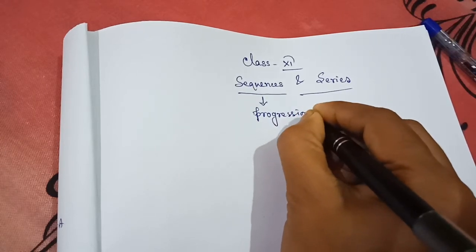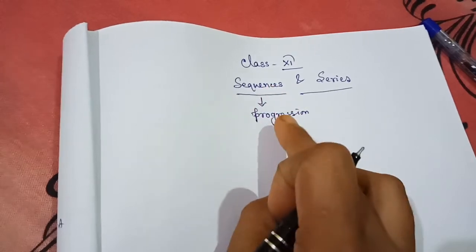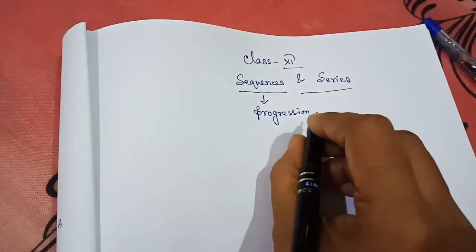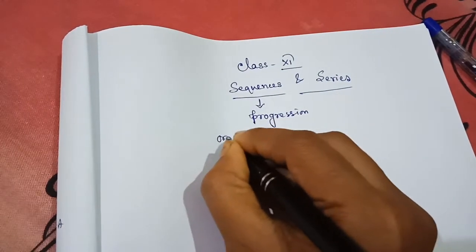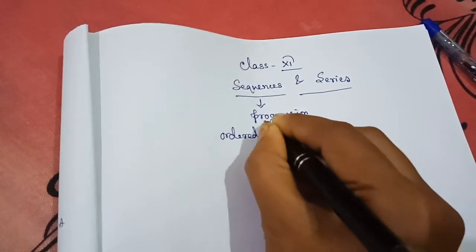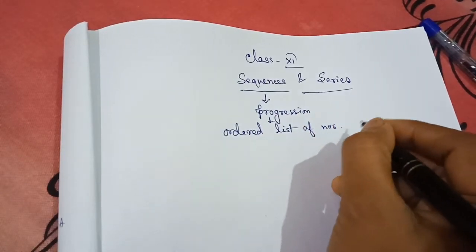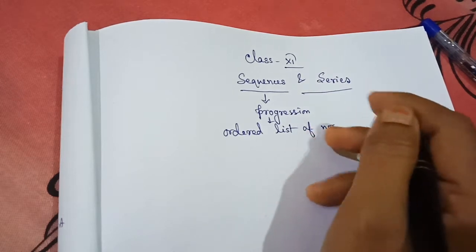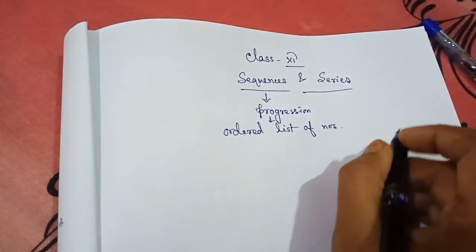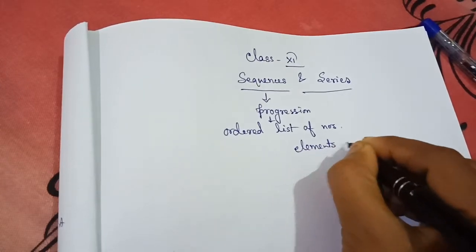So a sequence or a progression is an ordered list of numbers. The numbers in this ordered list, all these numbers, are called elements or terms.